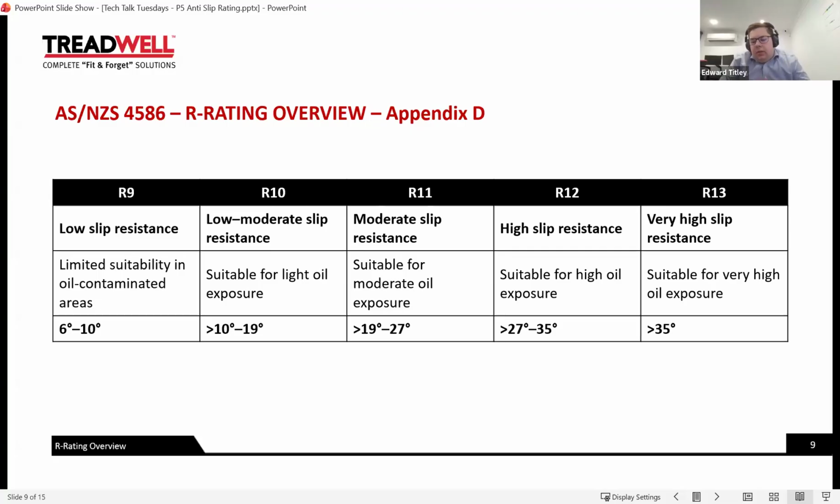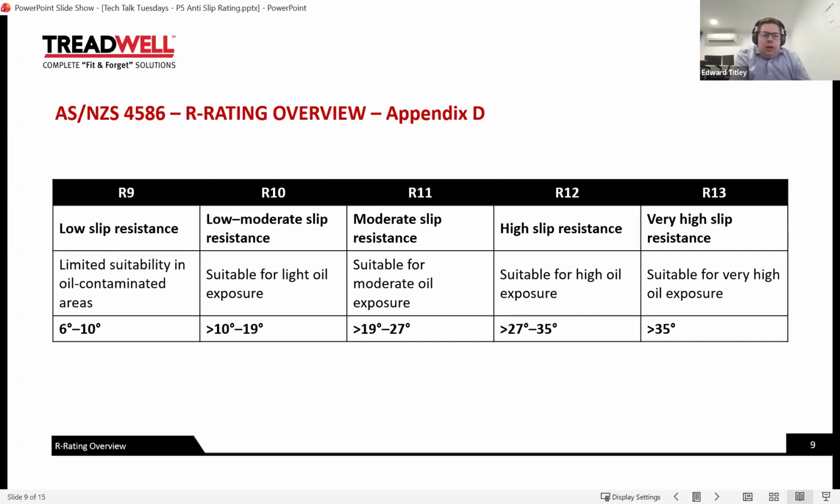So if you're in industrial areas, around machinery, ports, cranes, those sort of things where there's machinery, mine processing, water treatment, that sort of stuff, where we're going to see not just water on the surface, but a variety of different build-ups, this oil incline test, I would suggest, would be more relevant because it's not just a wet surface, it's a surface that's got oil on it as well, which is going to obviously be a more stringent test than just a wet surface.